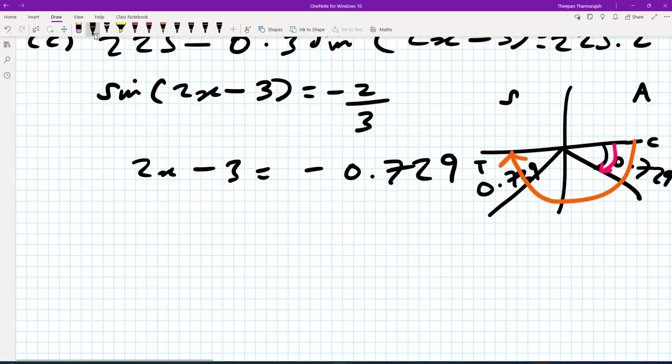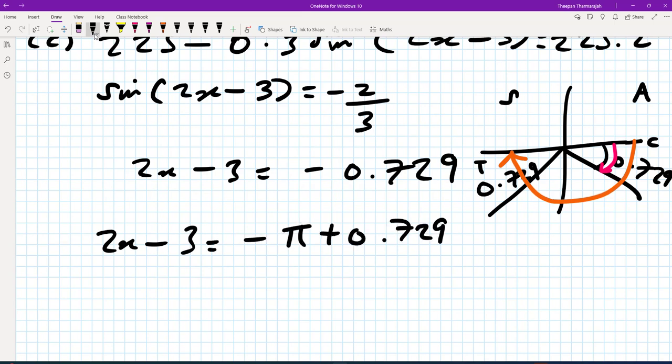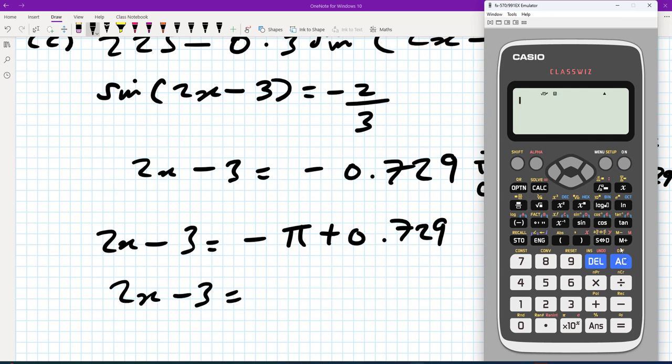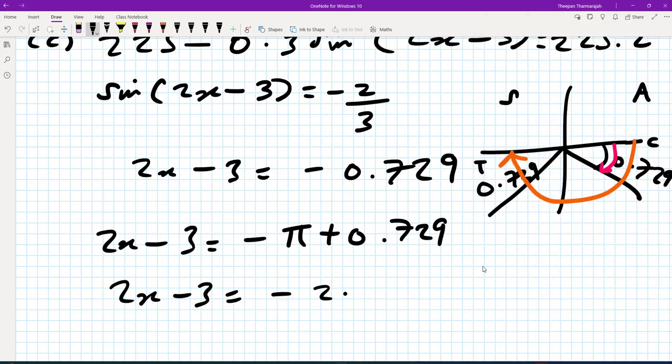So we're going to do minus pi plus 0.729, so we get minus 2.41.